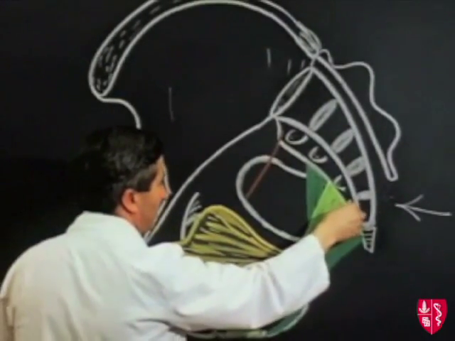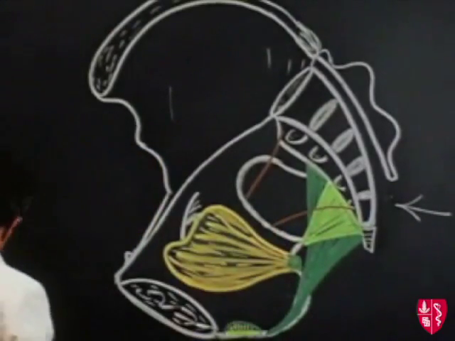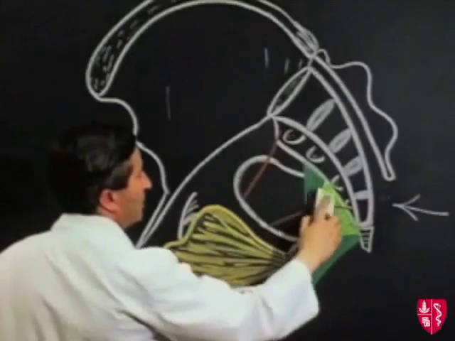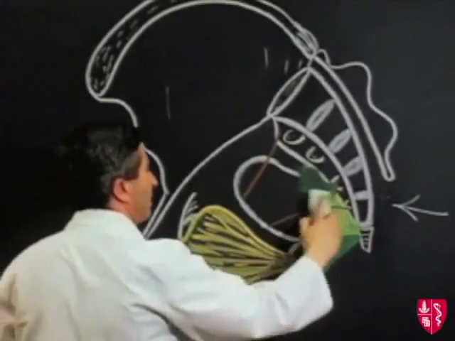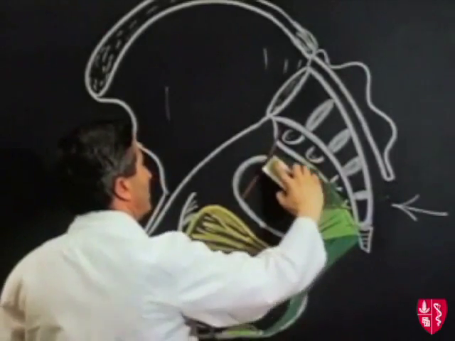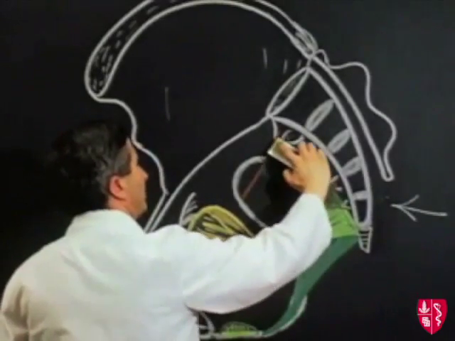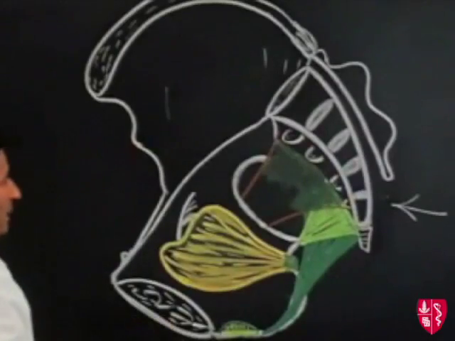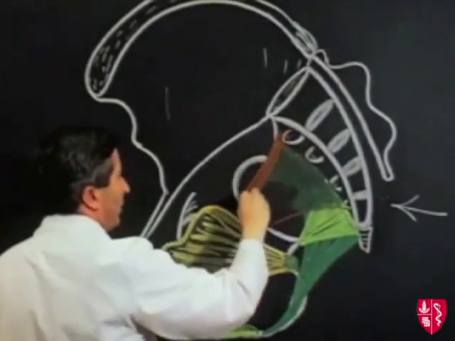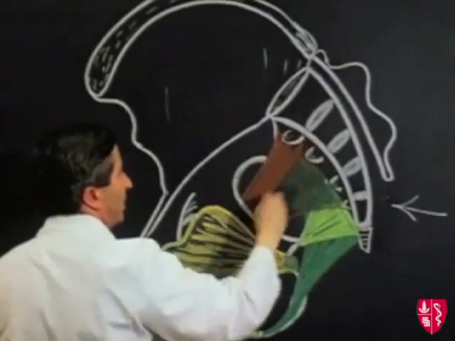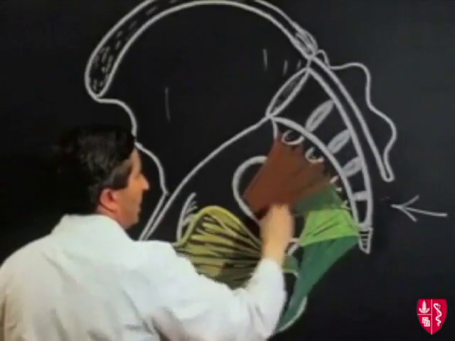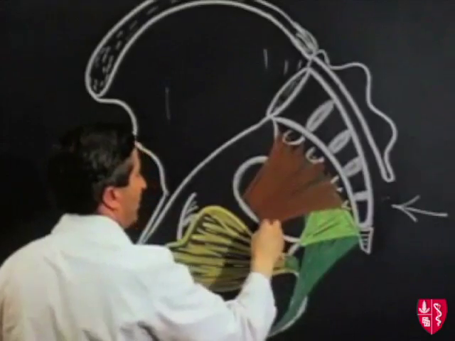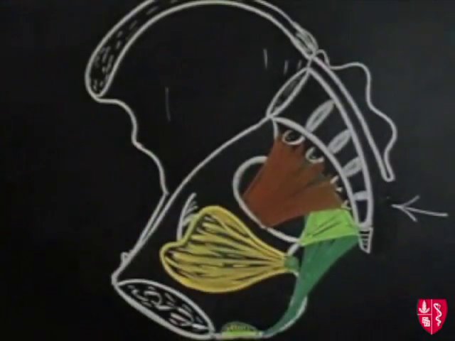And here we'll show the lower margin of the piriformis coming out in that way, so that we can erase parts of the sacrotuberous and sacrospinous ligaments and parts of the pelvis and sacrum, and indicate the direction of the fibers coming off the front of the sacrum in between the anterior sacral foramina and passing out in that way through the greater sciatic foramen into the gluteal region, where it's attached to the greater trochanter of the femur and will be a lateral rotator of the femur at the hip joint.